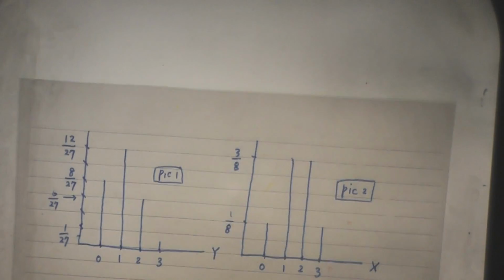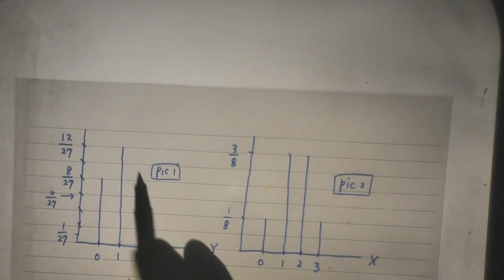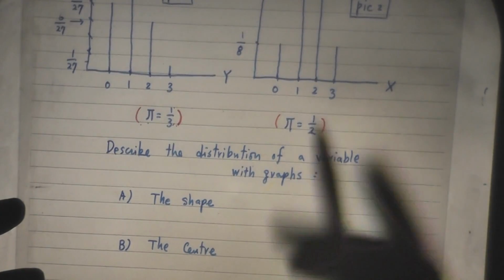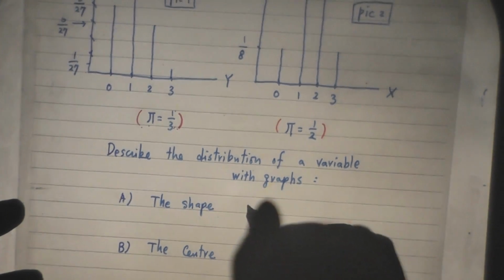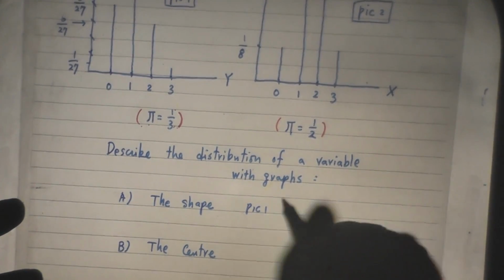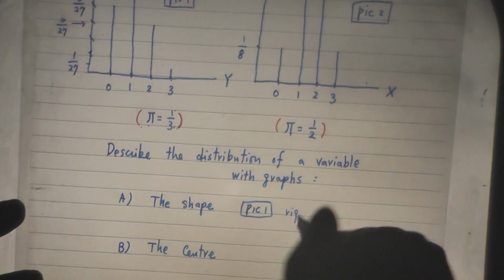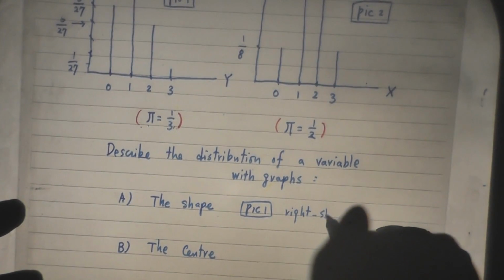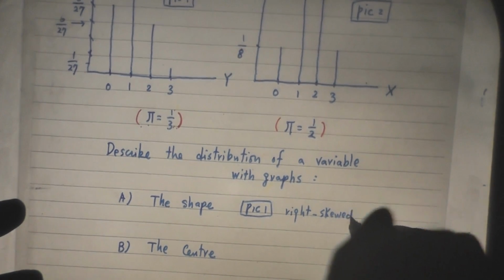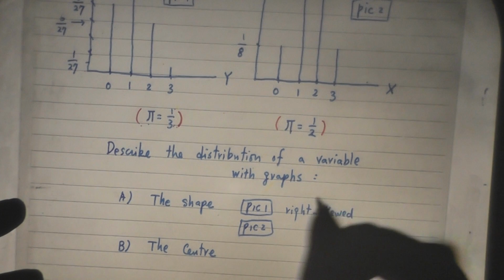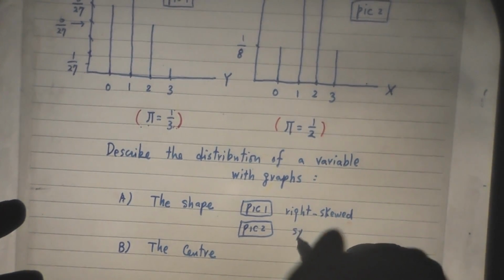The shape is right skewed. And this one is symmetric. Picture 1 is right skewed, and picture 2 is symmetric.